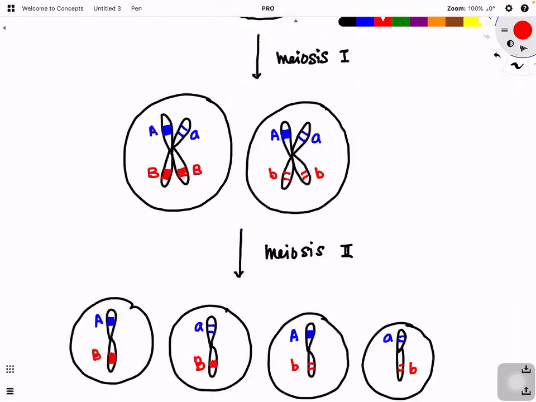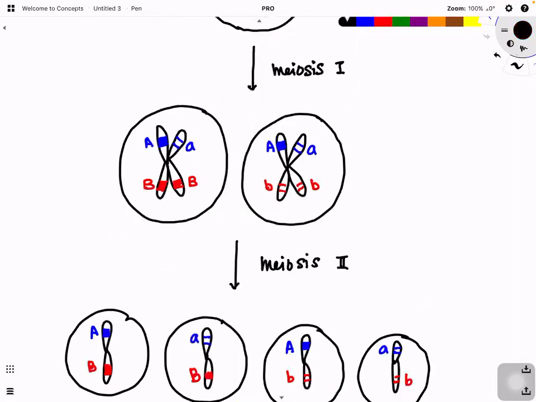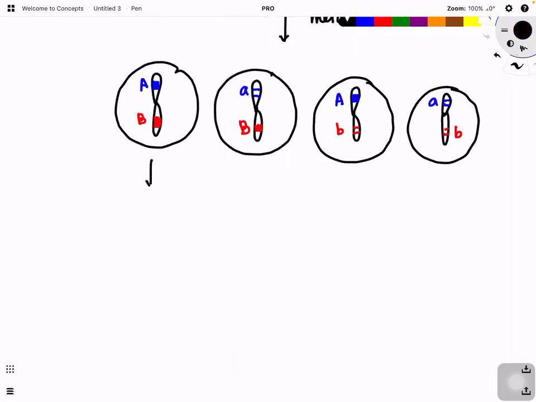If you compare to the original, before crossing over, big A and big B are always together, small a and small b always together. So this kind of gamete we call parental gametes, because they resemble the parents. Can you see that? They have no change at all.